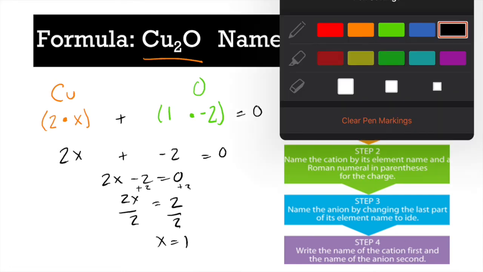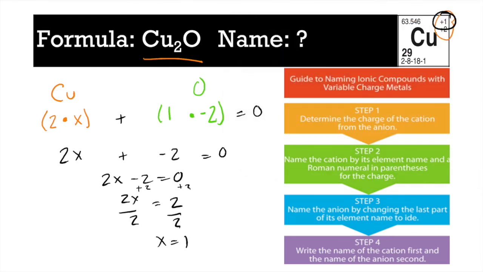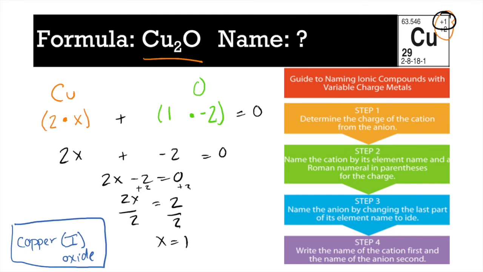So now, what is the name of this? And so again, you should say copper, and we have to give it its last name, so that charge +1, and remember O is oxide, so this would be copper 1 oxide.